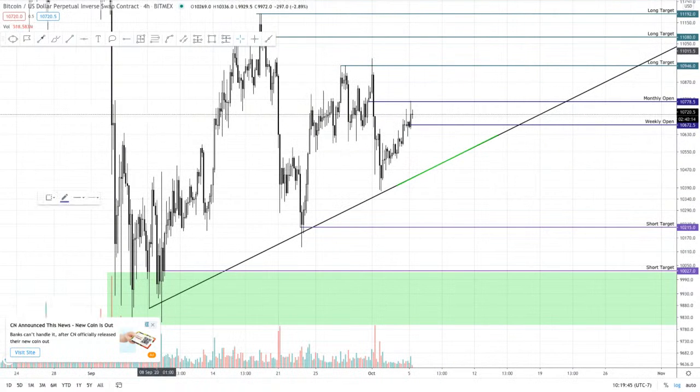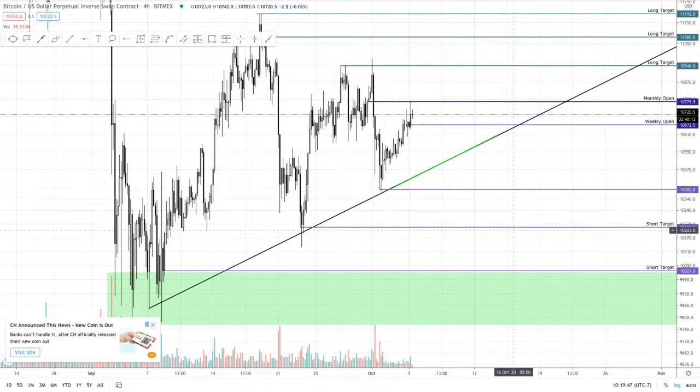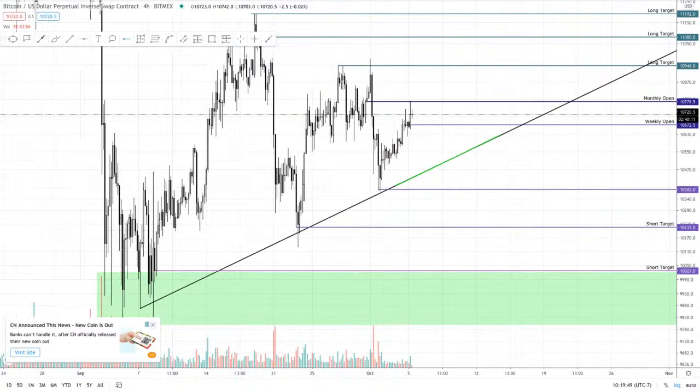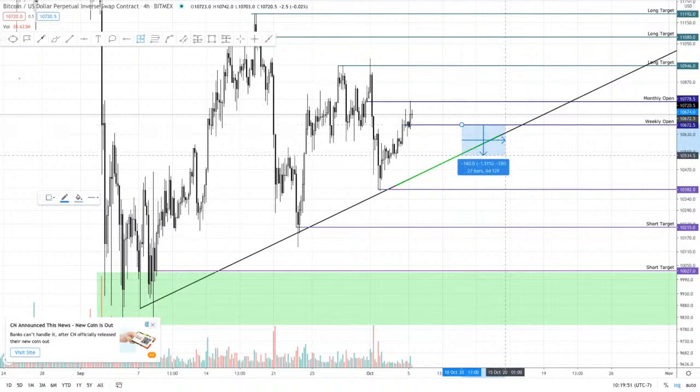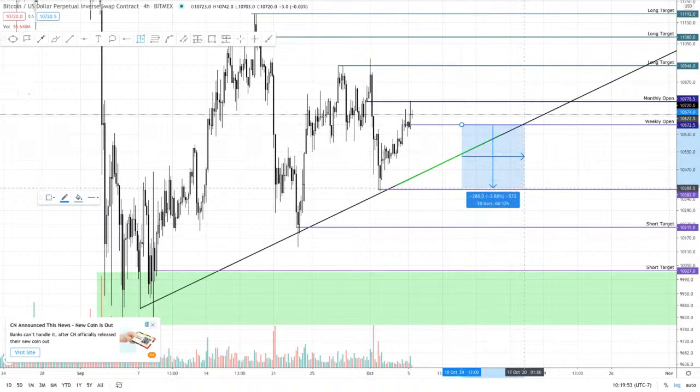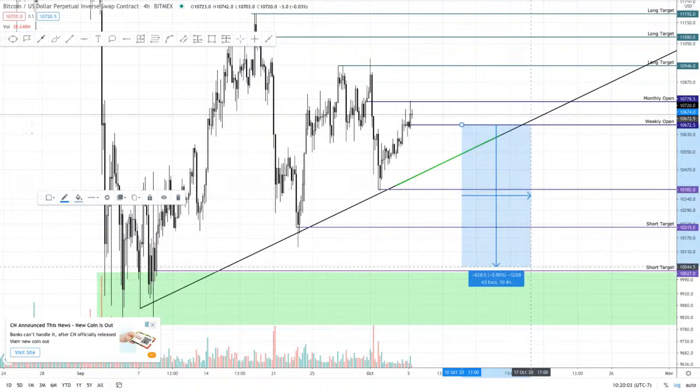So let's look at the profit potential. A short from the weekly open to 10,382 is 271% profit. If you catch the weekly open all the way down to 10,000, that's 600% profit.